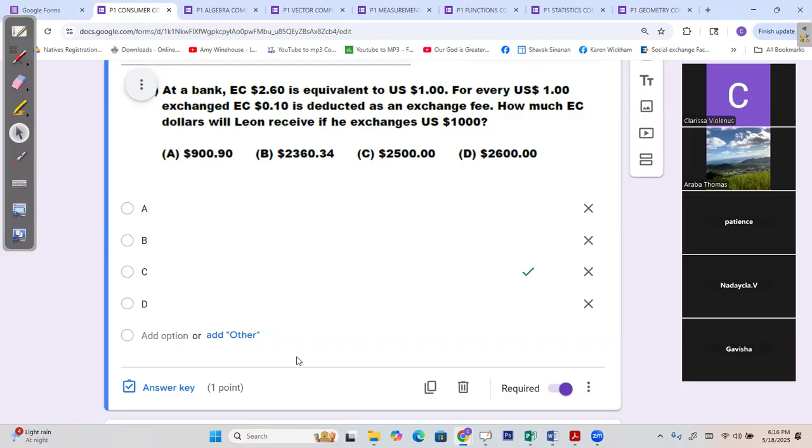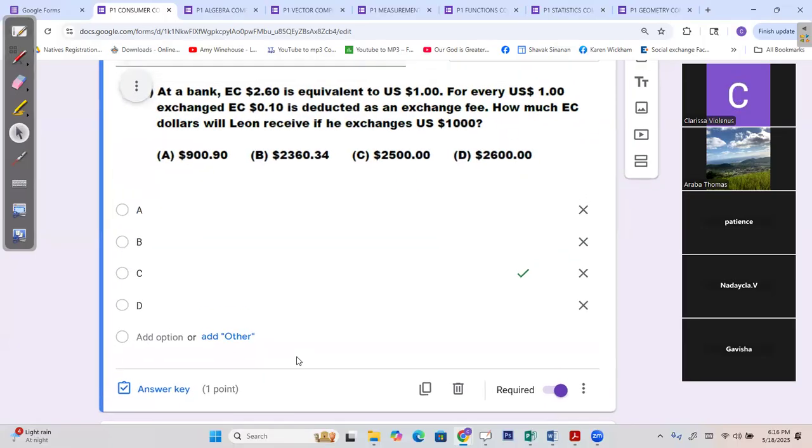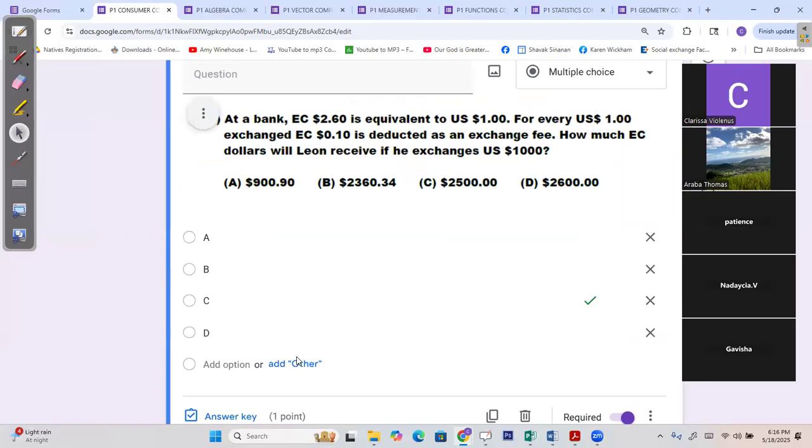It's the same thing, it's still 10% of the EC, and that would still give me the wrong answer.